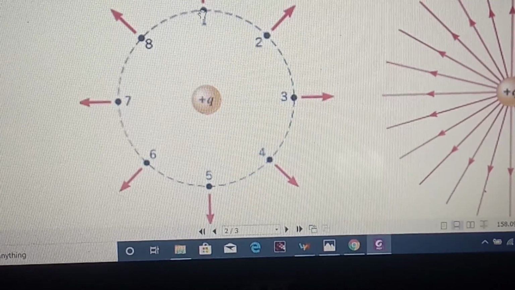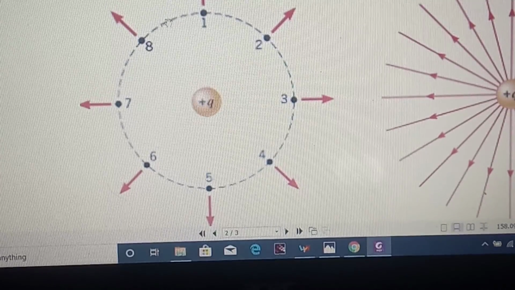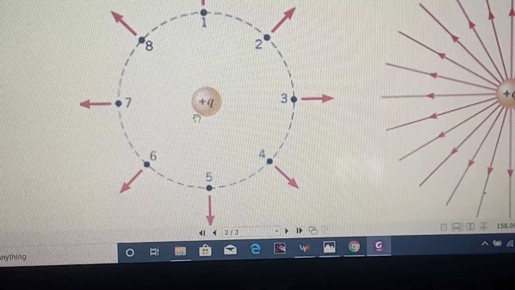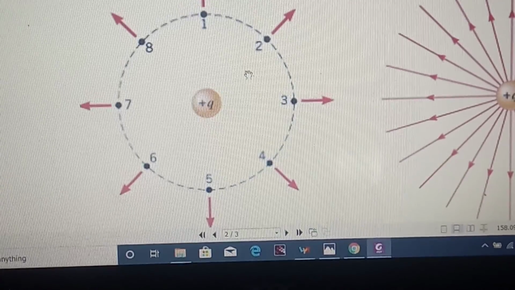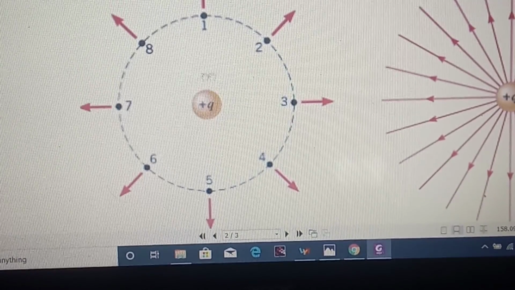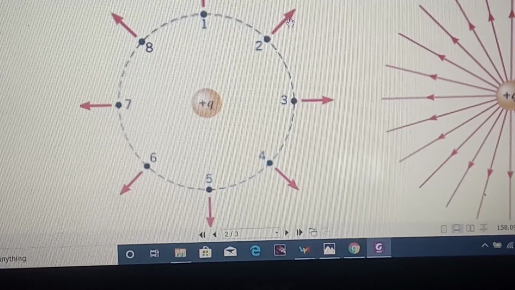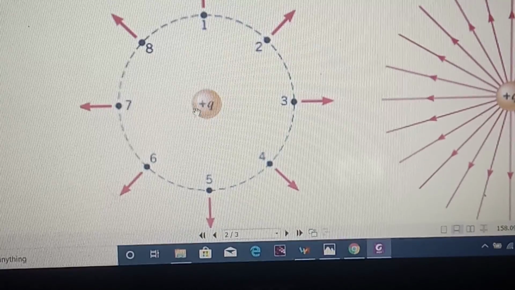So this is the region where you can feel the presence of the electric field due to the source charge plus Q. Now if you take a source charge to be negative, then the test charge will be attracted by the source charge.